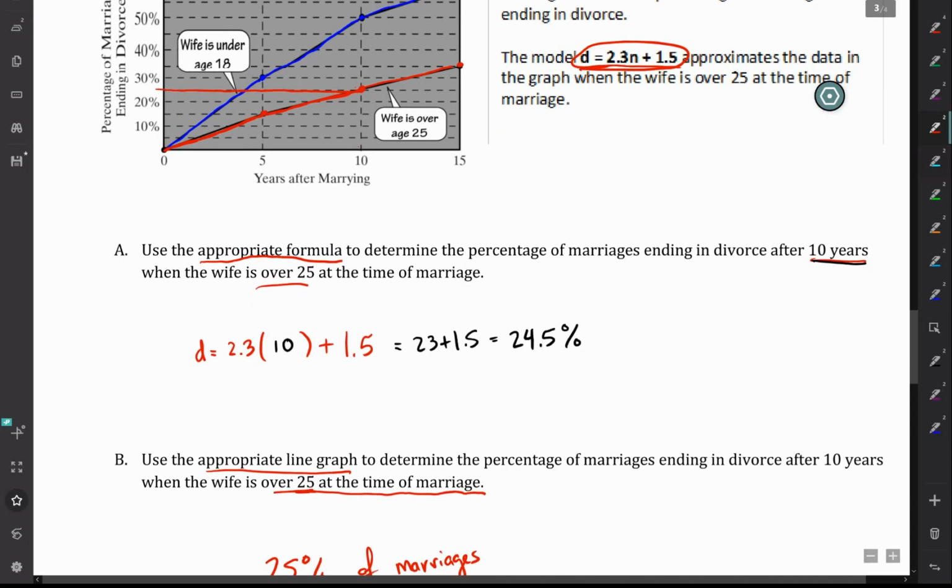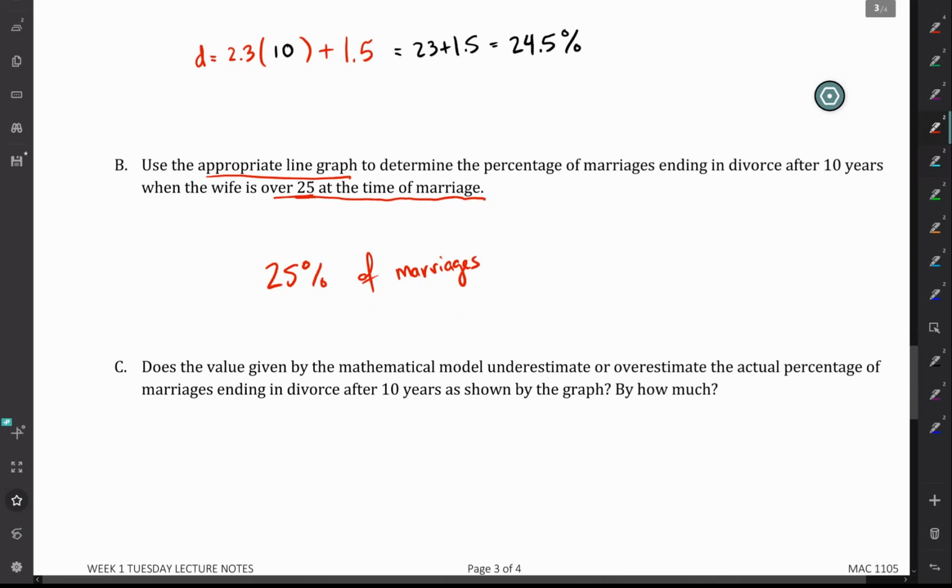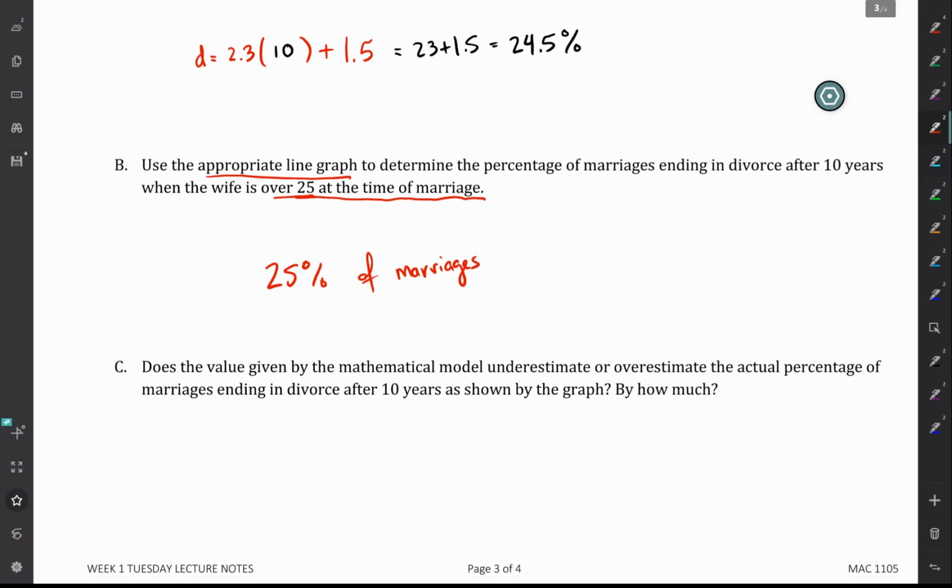To figure that out, all I did was estimate this to be 25% because it was right between 30 and 20. And then part C says, does the value given by the mathematical model underestimate or overestimate the actual percentage of marriages ending in divorce after 10 years as shown by the graph?